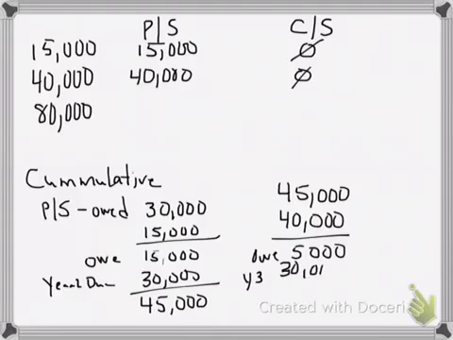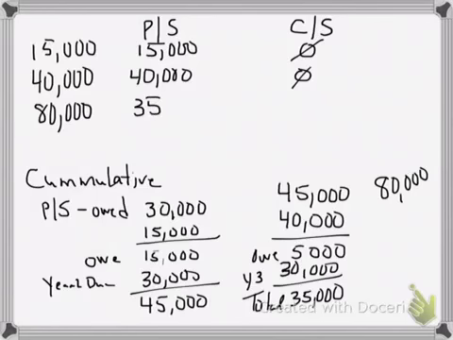So since we owe them another $30,000, the total amount that we owe them now is $35,000. Well, we're going to pay out $80,000 this year, right? So this $80,000 can now be split, because my preferred stockholders are going to get $35,000 of this money, and the common stockholders will get what's left over.